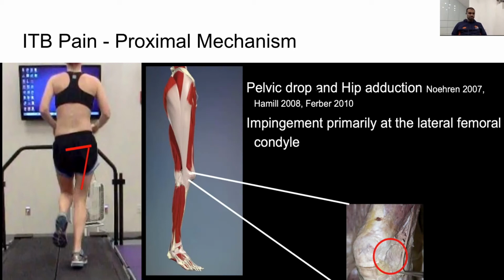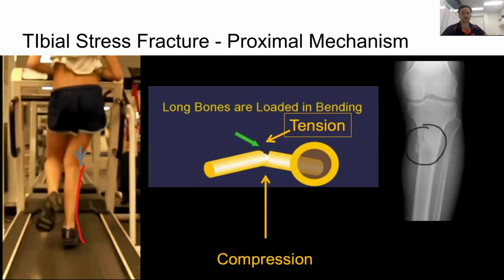Keep going, Jack. Talking about tibial stress fractures now. So bones are really good at adapting to compression, but they don't really like tension, as opposed to tendons. They get sort of irritated.